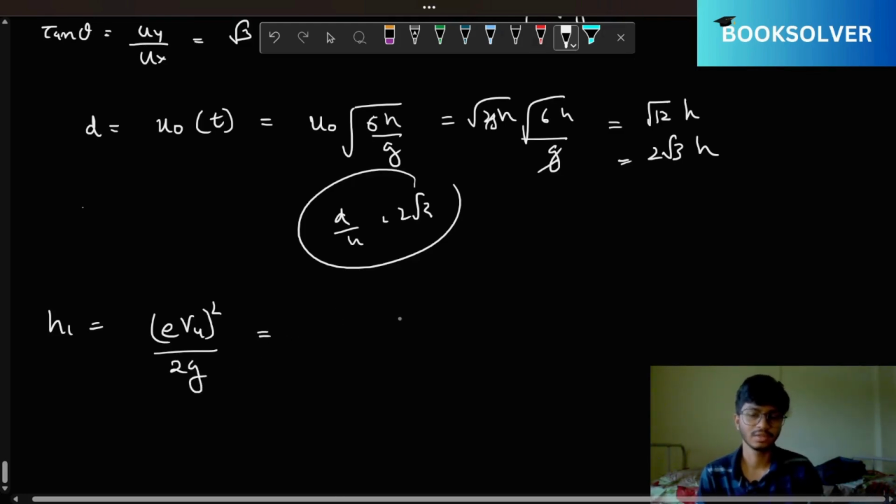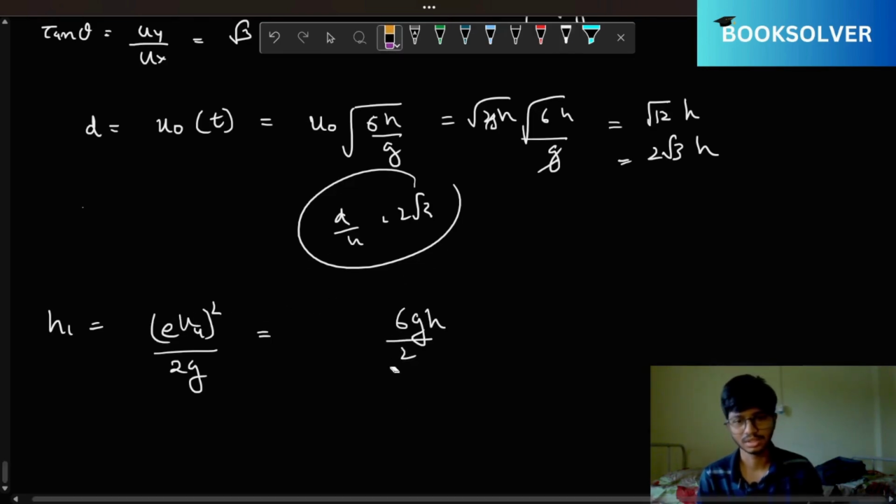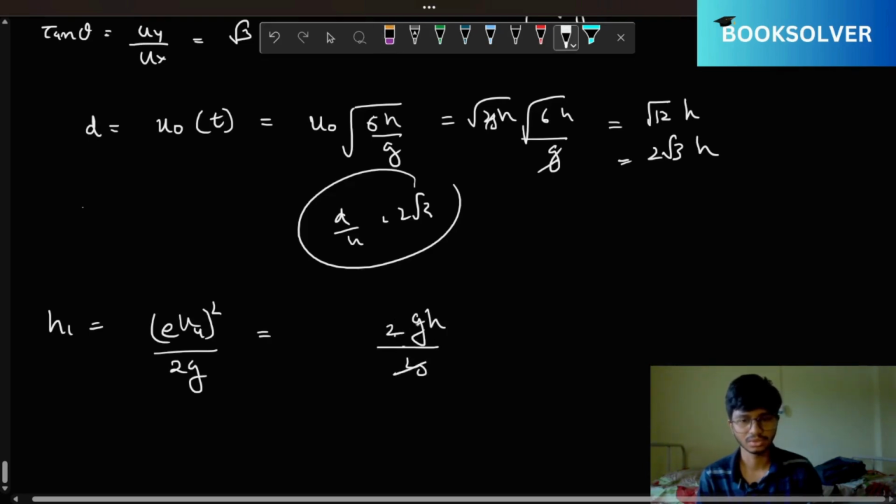So vy square is 6gh, that is uy square. 6gh by 3, that is 2gh, divided by 2g. So that implies h1 is equal to h.